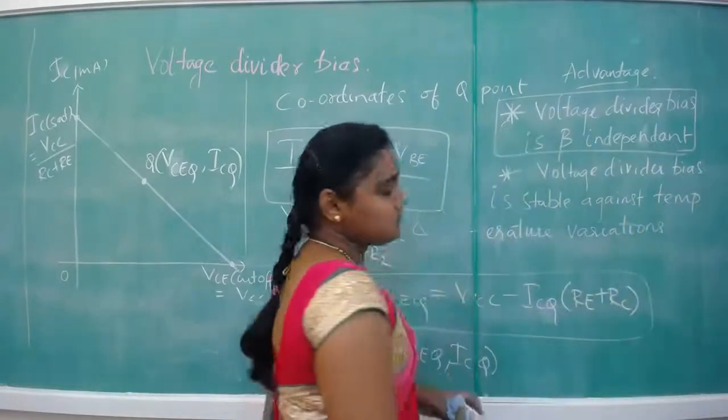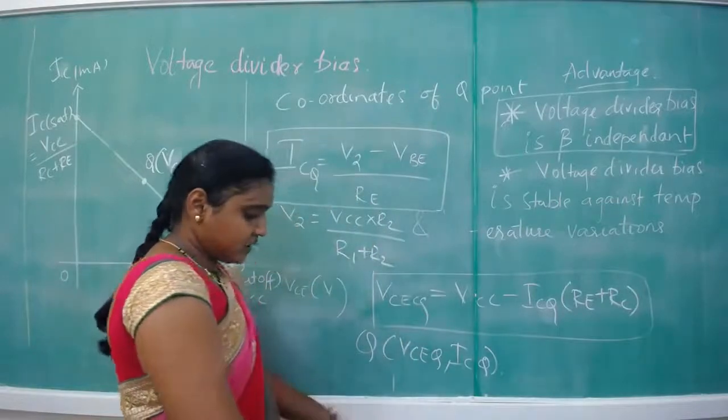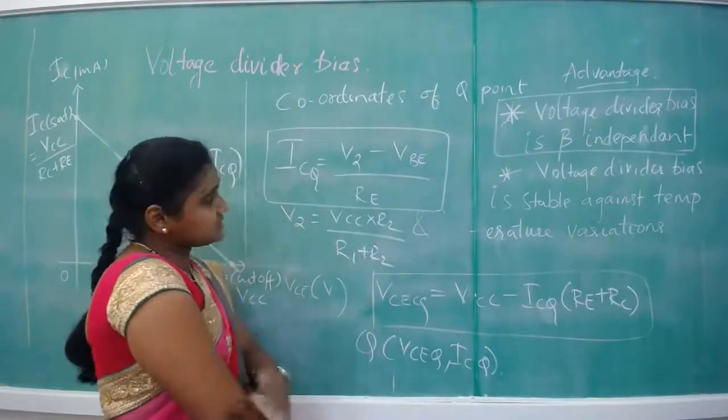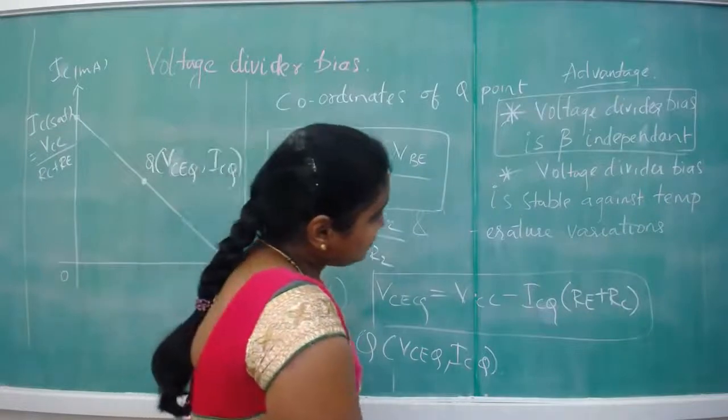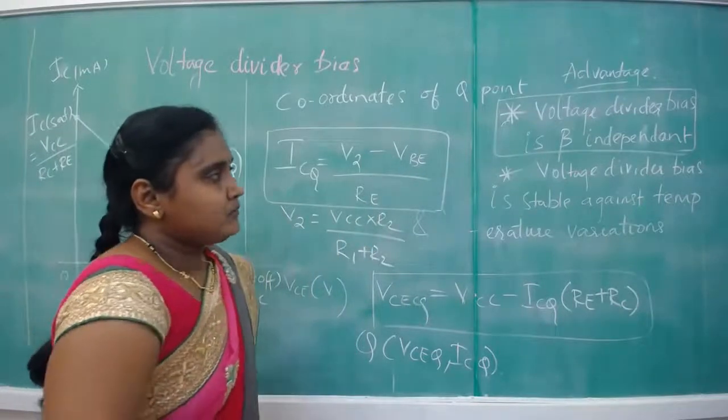So it can also handle the variations in the temperature. The operation will not be affected due to changes in the temperature. The operation of the voltage divider bias circuit is also not going to be affected by the value of beta.